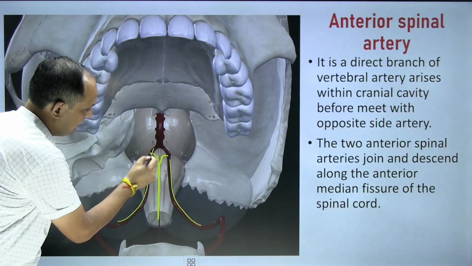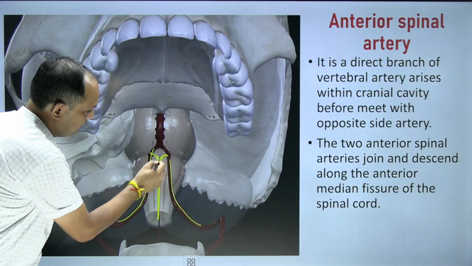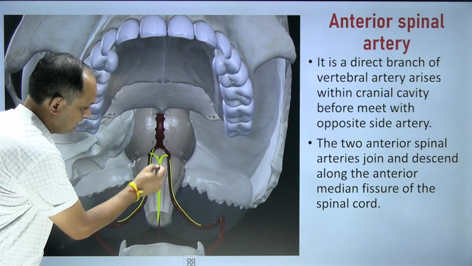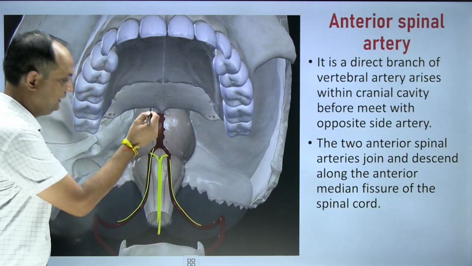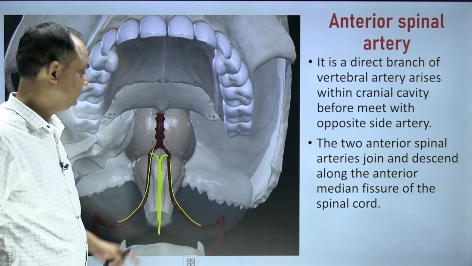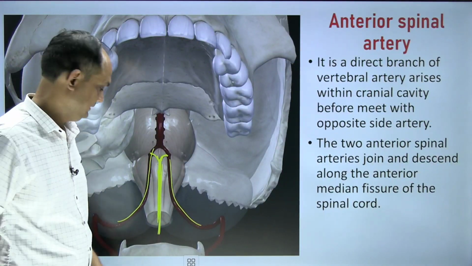The left spinal artery arises from the left vertebral artery, but you will find an unpaired single anterior spinal artery, because the right and left arteries fuse with each other and are present on the ventral aspect of the spinal cord as the anterior spinal artery. Clear?